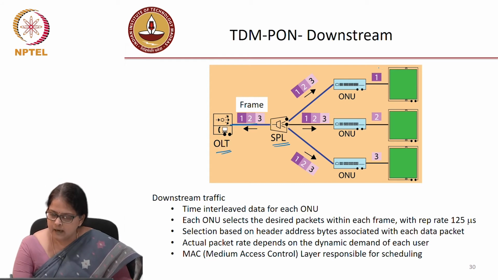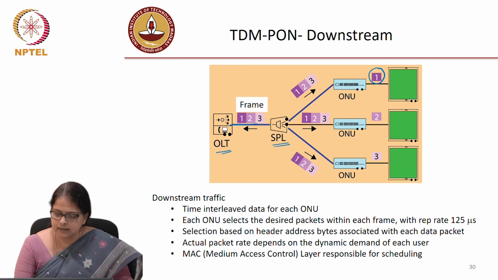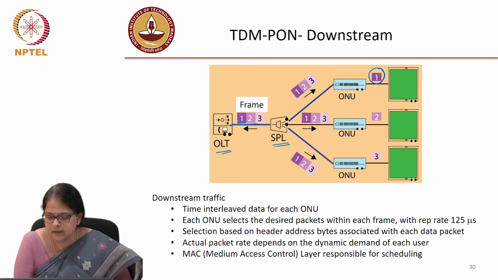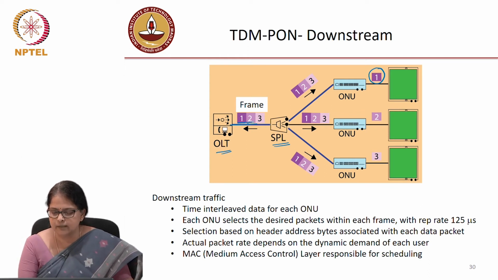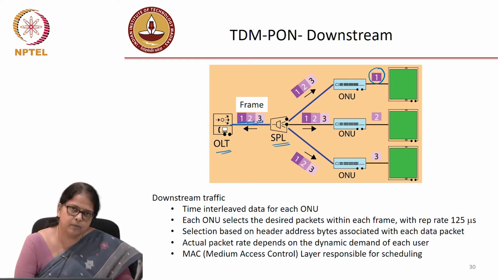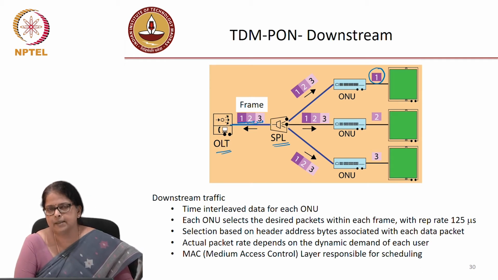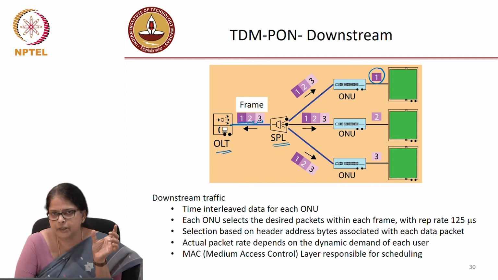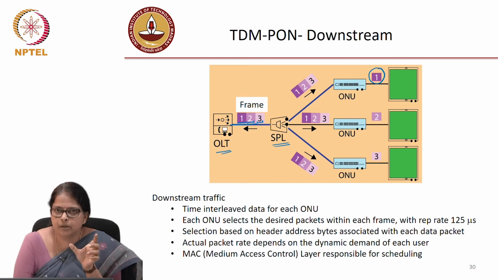So let's say user 1 is serviced in this time frame, user 2 is serviced here, user 3 is serviced here. Because the fiber can take a large data rate and the users do not really have equipment which can work at 10 Gbps kind of data rate, what you can do is multiplex the information that needs to be transported to each user in time, right?